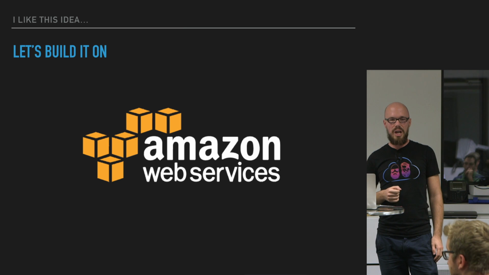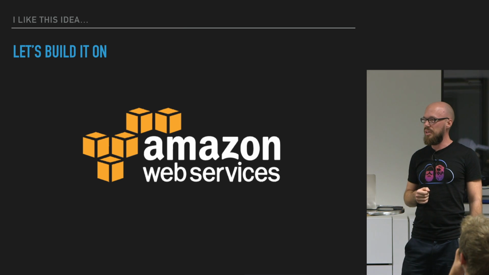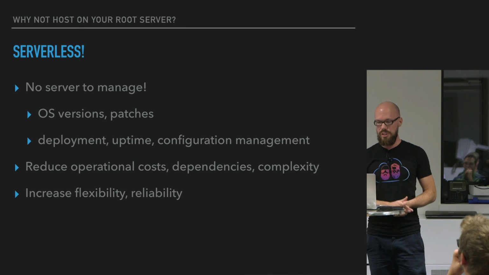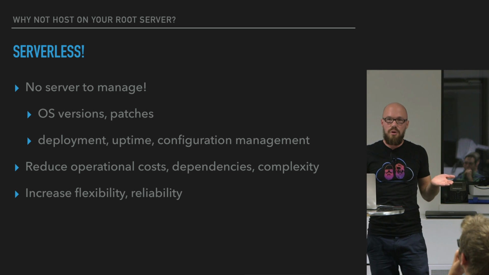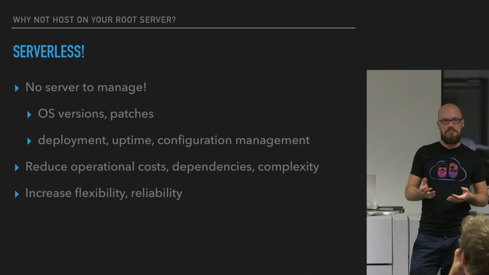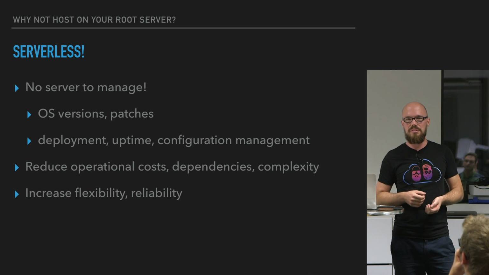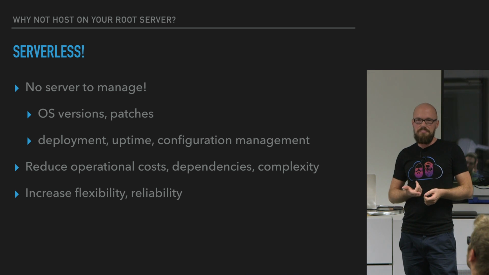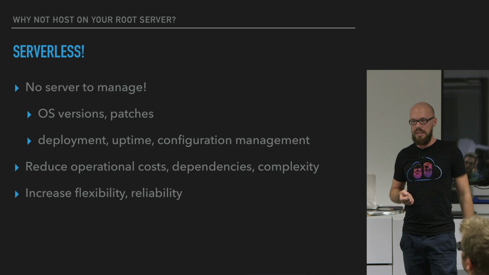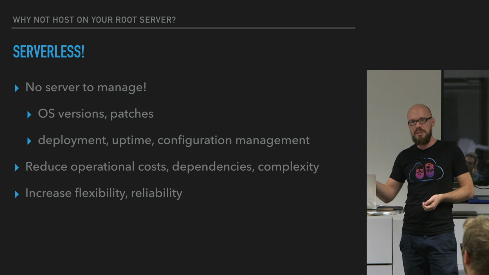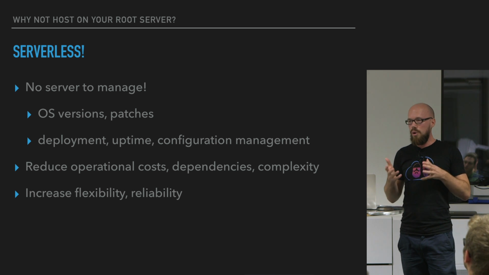Now let me show you how to do that on AWS. First of all, we need a few services which are already available on AWS, and it's very cool because they are all serverless. I said before that I'm kind of lazy. I don't like to manage my own web server, my own Linux running somewhere, and I don't like to do OS patches and install updates for CMSs, so that's all very cool.